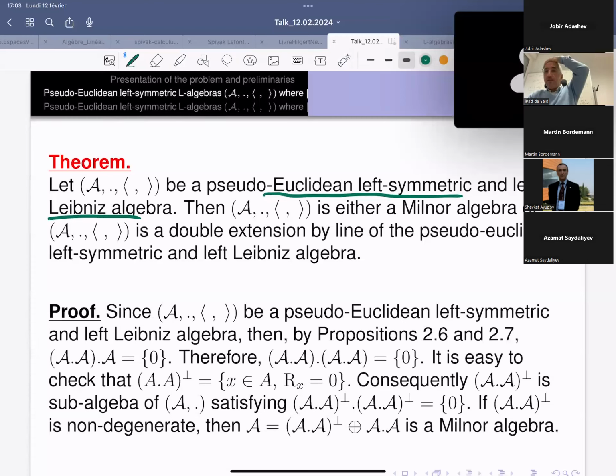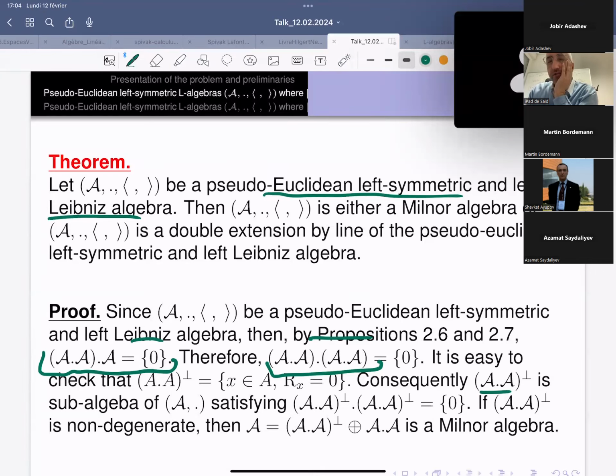It's very easy. If you have this one, by the last proposition we have this one. Therefore, we have this. It's easy to check that the orthogonal is exactly 0. Consequently, this orthogonal is a subalgebra of R satisfying this.